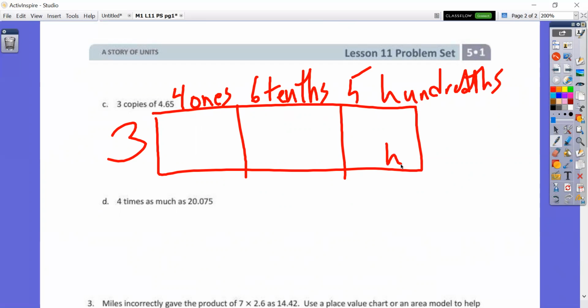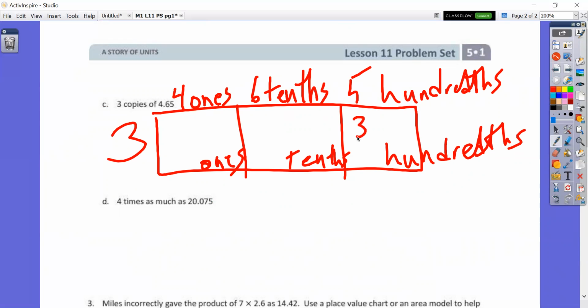And I know these units are going to stay in their boxes. That's why we're using area model. So I'm just going to label my units right now. That way, all I have to work on right now is just basic multiplication facts. So over here in our hundredths place, we have 3 times 5, or 3 groups of 5. Well, 3 times 5 is always 15, so it's 15 hundredths.